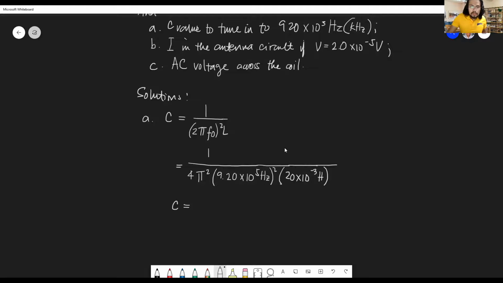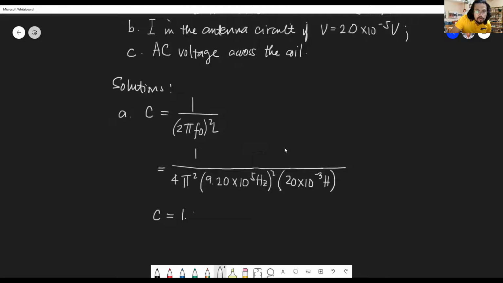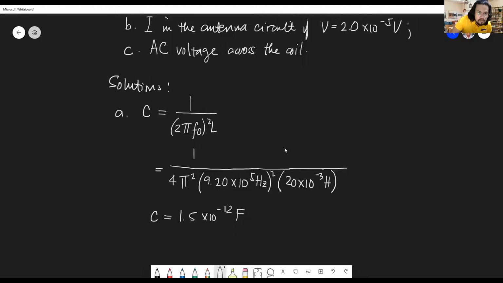So this is equivalent to 1.5 times 10 to the negative 12 farad, or it's equal to 1.5 picofarad.